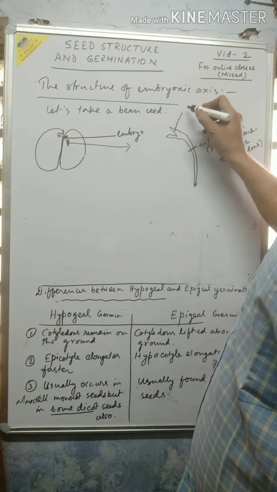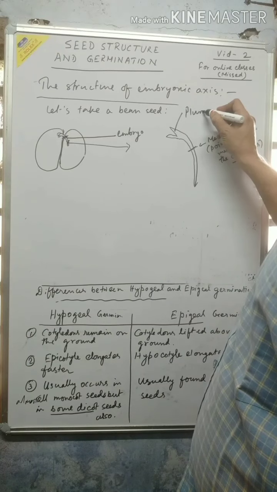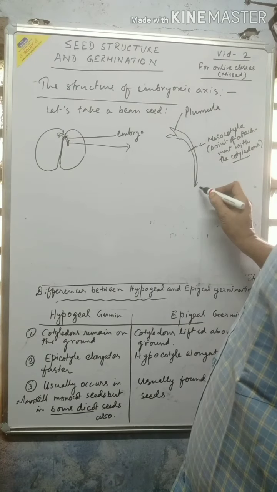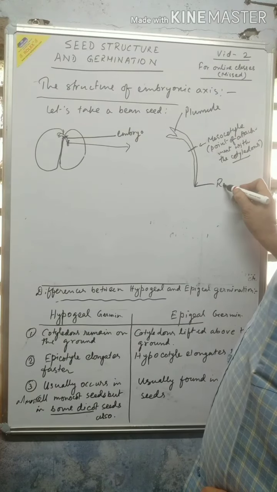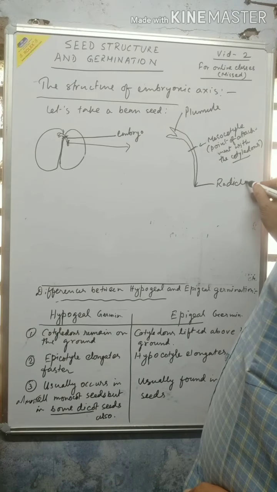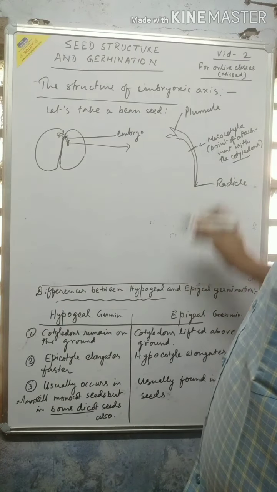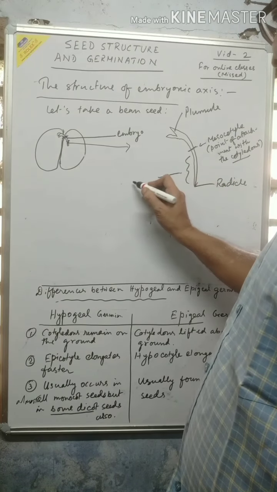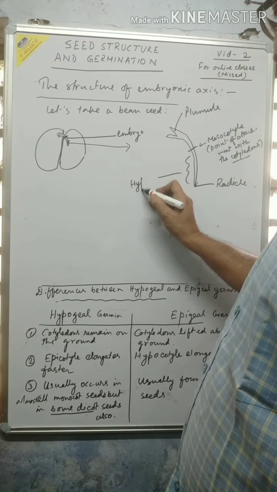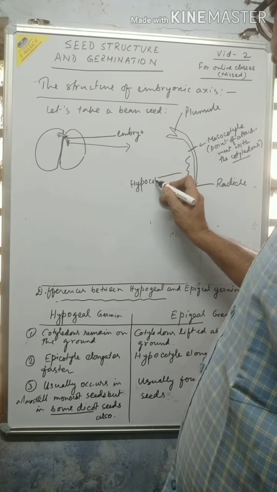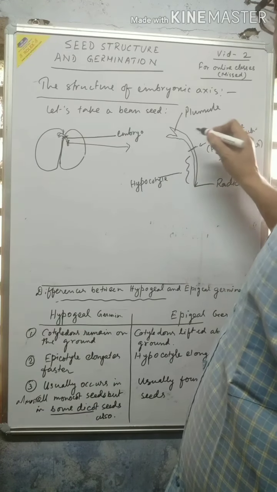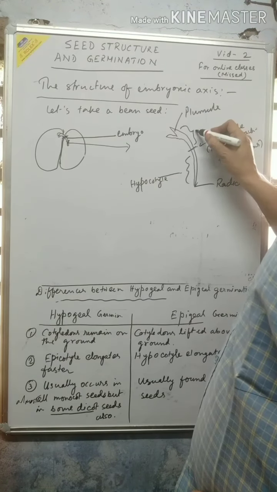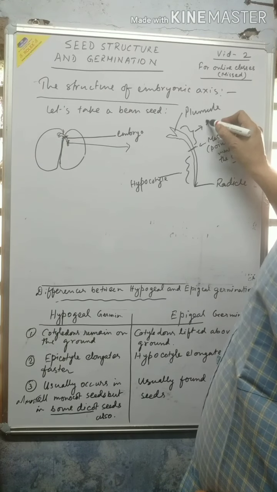This is actually the plumule, and this is actually the radicle. And this portion is the hypocotyle. And this portion is the epicotyle.